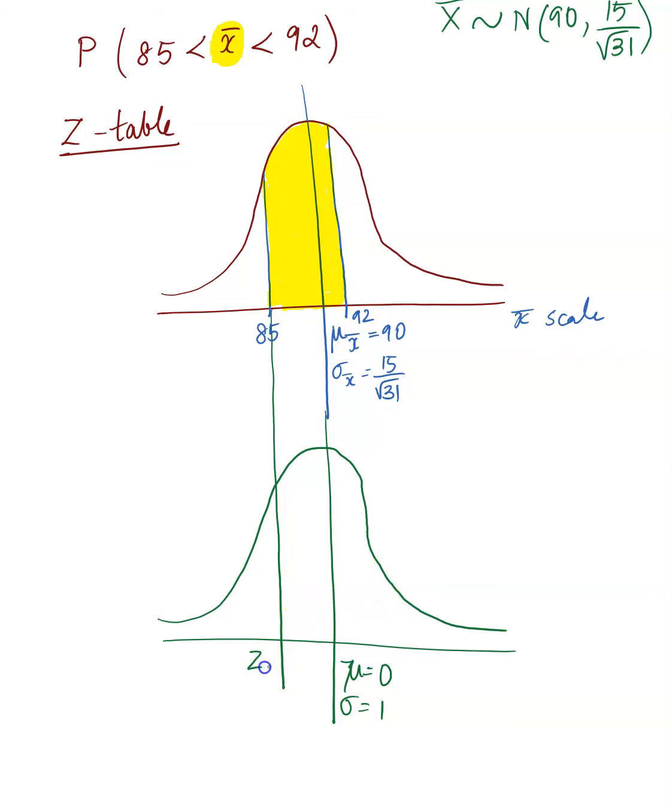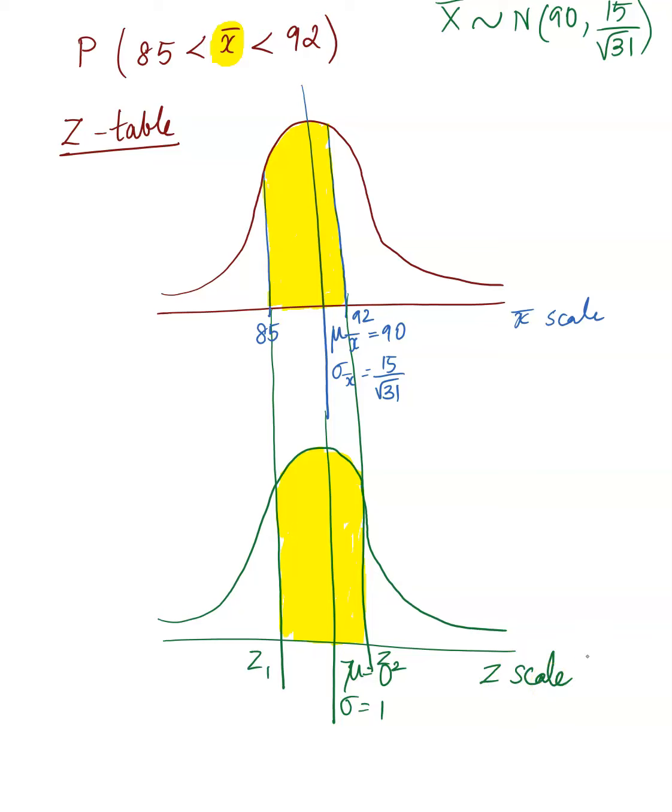I don't know what that is, so I'm going to call it Z1. And I'm going to get the corresponding 92 mark here, and call it Z2. It will be the same area we're trying to measure. Now recall that this is a Z scale.